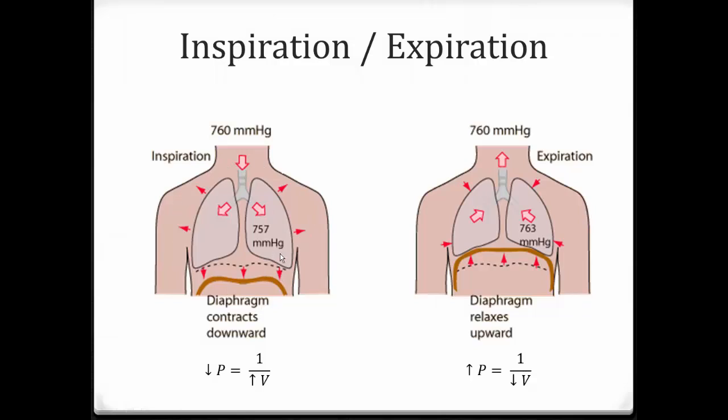And since the lungs, remember those pleural membranes, are stuck to the wall of the thoracic cavity because of that negative intrapleural pressure, if I increase the size of my thoracic cavity, I increase the size of the lungs. So I have an increase in volume. With an increase in volume, I have a decrease in pressure according to Boyle's law. So air is going to want to rush in. It's going to go from greater pressure outside and move into my lungs, so I inhale.